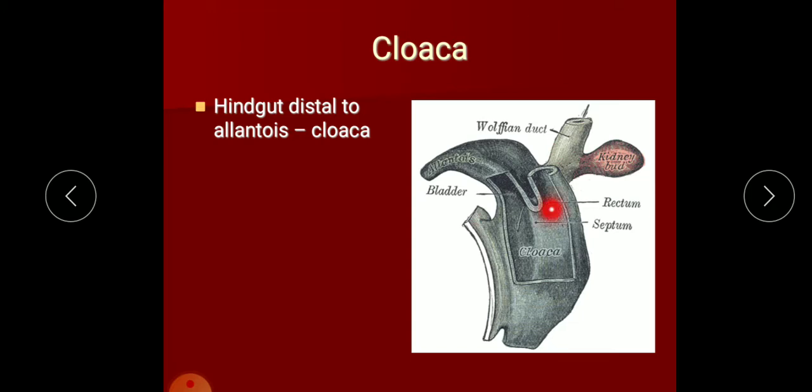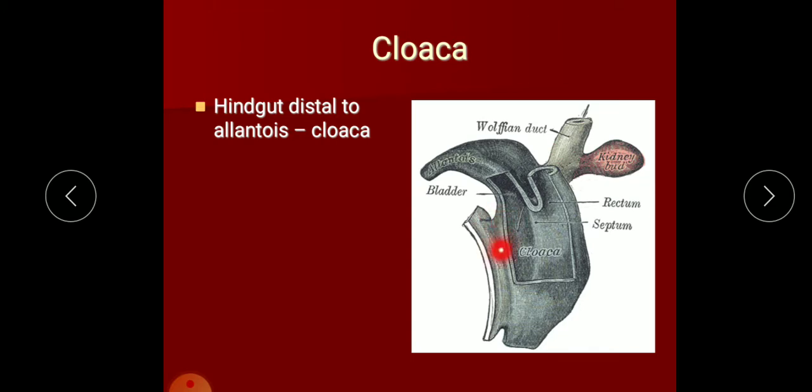So this urorectal septum in the center will divide the post-allantoic part or the cloaca into an anterior part termed the primitive urogenital sinus, and a posterior part termed the primitive rectum.